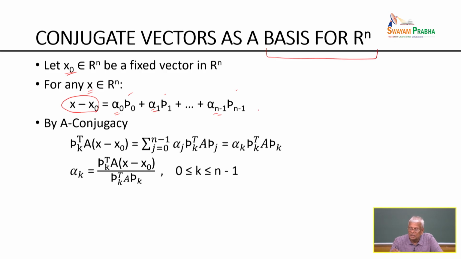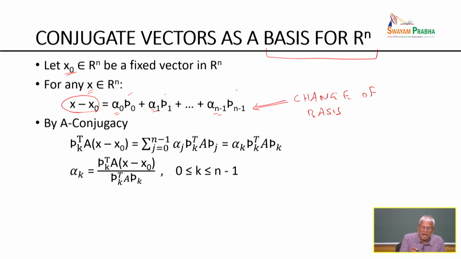So this is simply a change of basis formula, and we have already introduced the notion of change of basis when we did matrix theory. I do not know what the alphas are, but I do know they exist, because p0, p1, p2 are linearly independent and form a basis. My aim is to find alpha naught, alpha 1, alpha n minus 1.